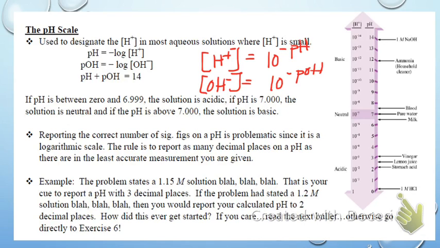Because that first number is basically the log scale. Okay? So the first number does not count in the sig figs, just the decimal places. It's confusing, I know, but that's the way it works. The number of sig figs for concentration should match your number of decimal places in the pH.